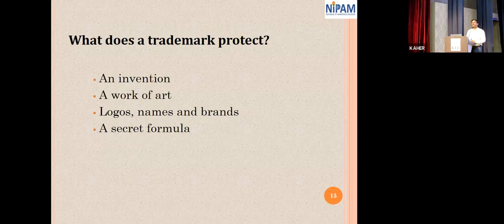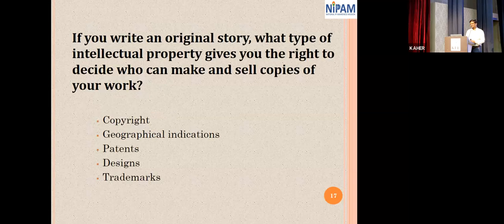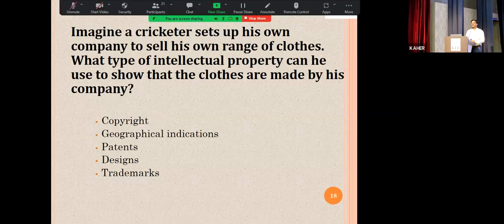What does trademark protect? Very good. Logos, names, and brands. This is easy. 20 years. Copyright. Very good. So you all got it. I just wanted to test whether you people understood or not.